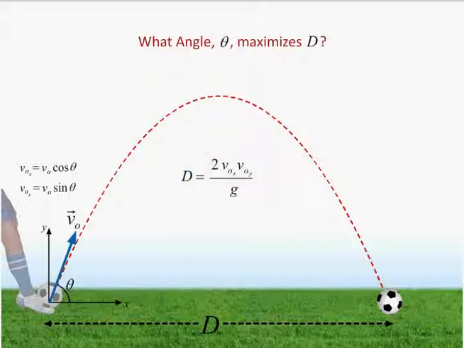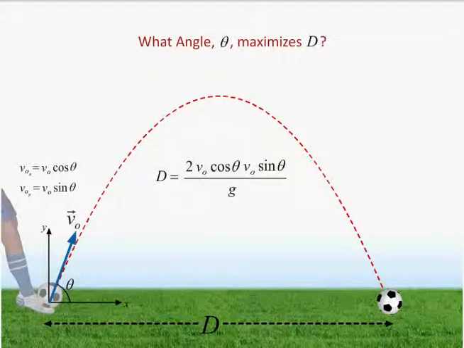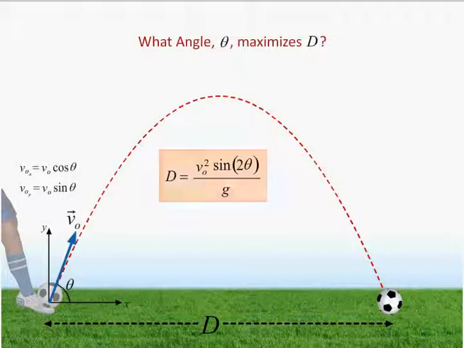We'll start with the expression for d that we obtained in the last slide and write both v naught x and v naught y in terms of v naught and theta. We then obtain the result that d is proportional to the product of sine theta and cosine theta. We can simplify this expression a bit further by realizing that the product of sine theta and cosine theta is proportional to the sine of 2 theta.